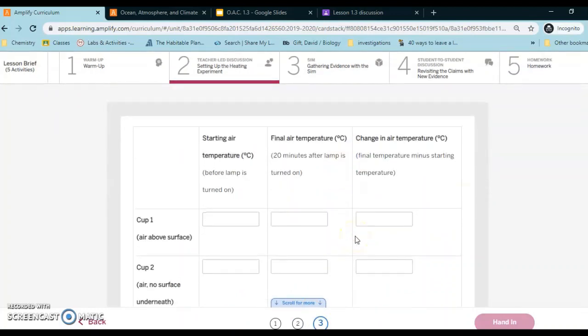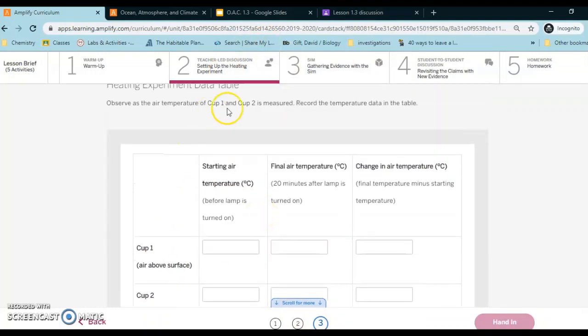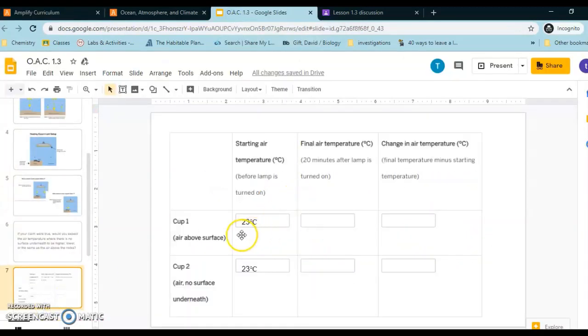As I conduct this experiment, you are going to write your answers right here on 3 under number 2. So you have your starting temperature, which we have already recorded, and you'll have your final temperature and a change in air temperature. For those of you who need a refresher, our starting temperatures were 23 degrees Celsius.